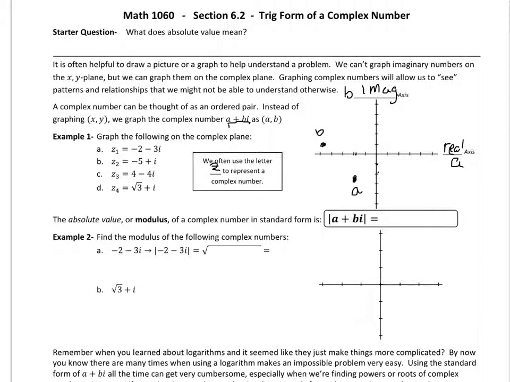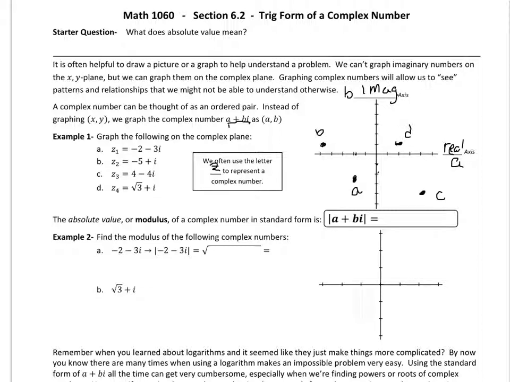There's B, et cetera. 4 minus 4i, down here somewhere, and square root of 3 plus i. Root 3 is what, 2 and some change? No, 1 and some change, almost 2. And up 1, so right there, give or take, is D. Okay, so those are just points.